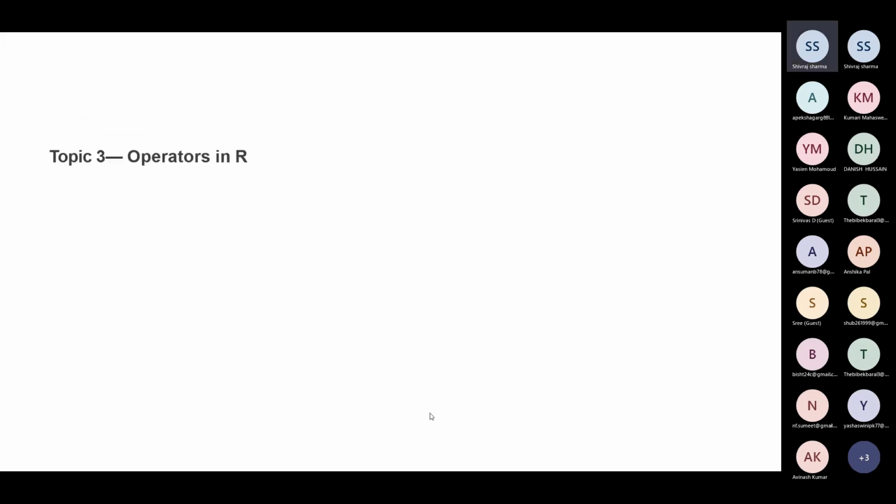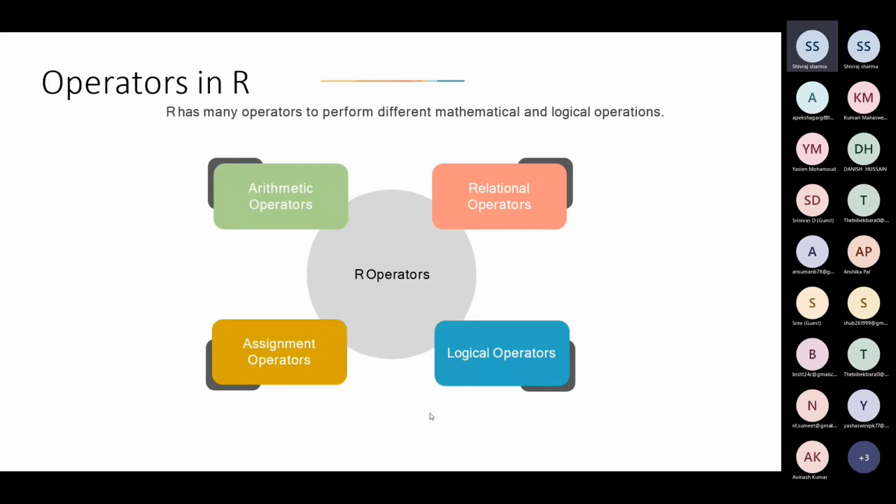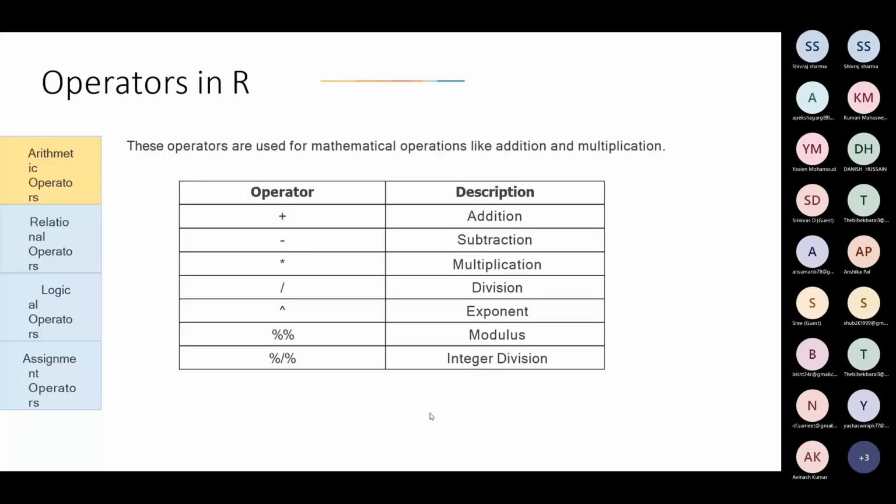Moving ahead with the operators in R, there are 4 types of operators available in R: the arithmetic operators, the relational operators, the assignment operators, and the logical operators. Only these 4 types of operators are available in R. Classifying these operators, the very first is arithmetic operators.